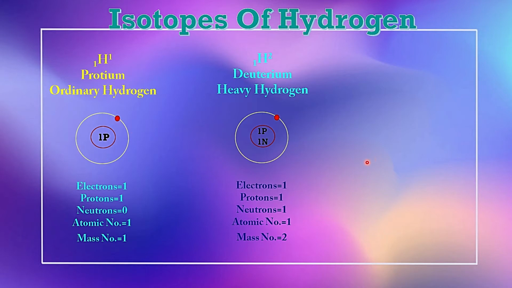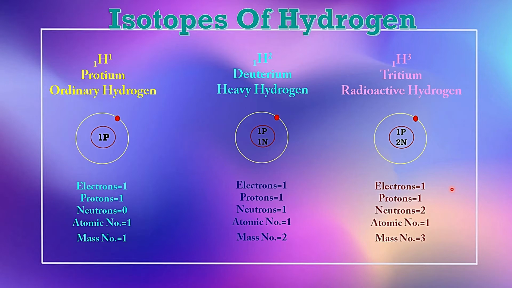There is a third one, another isotope of hydrogen, known as radioactive hydrogen because it shows radioactive nature. The name of this isotope is tritium. It contains 1 proton and now 2 neutrons. So its nucleus becomes heavy compared to these two.